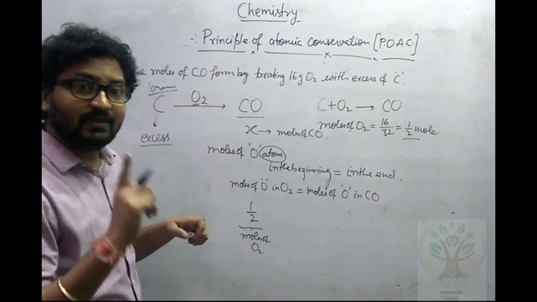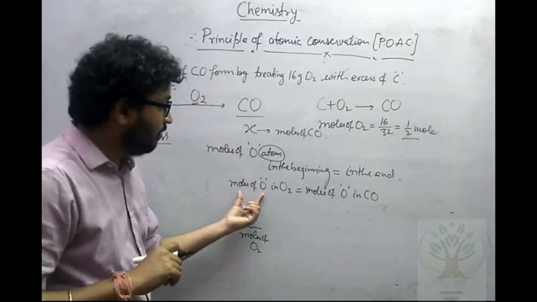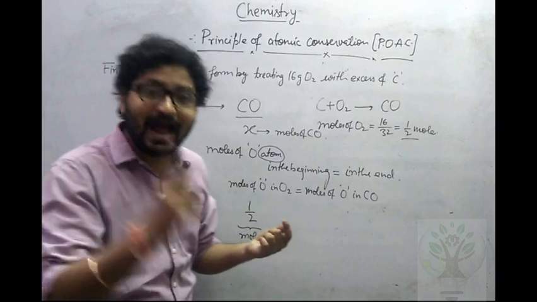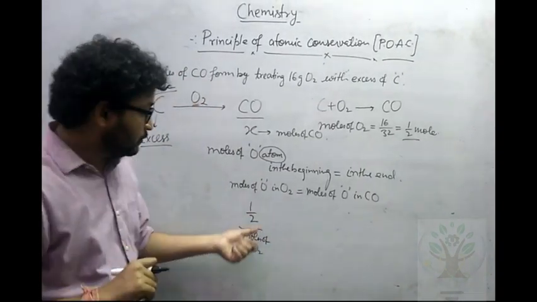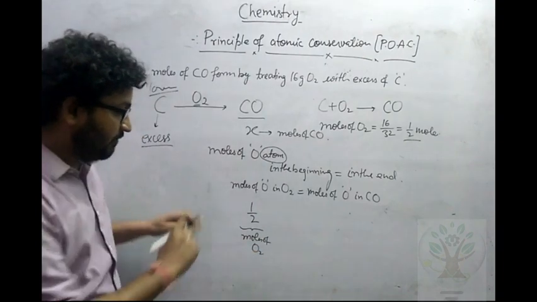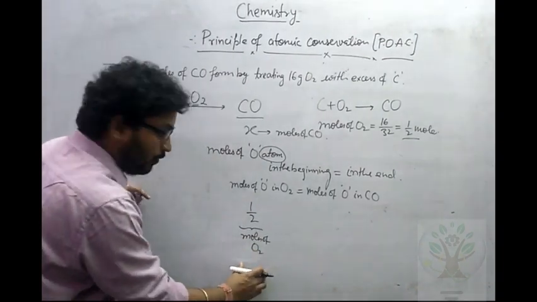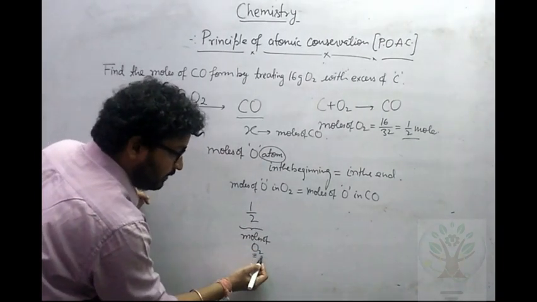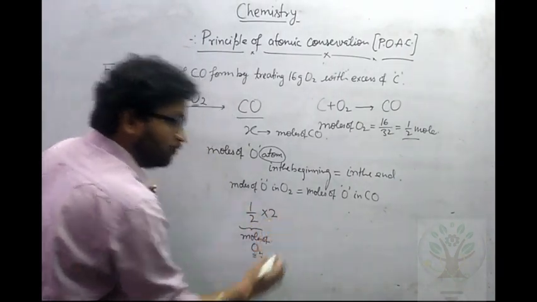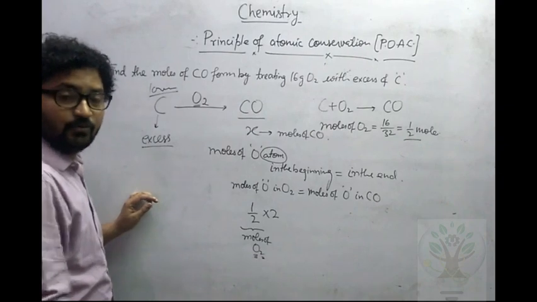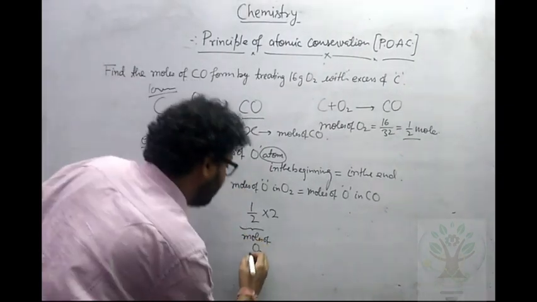Remember, I am not conserving moles of O2. I am conserving moles of O, means I am conserving atoms. I am not conserving this molecule. So moles of O here: if I want to find moles of O, each O2 contains how many O? Each O2 contains 2 O. So if I multiply this thing by 2, as we did in the previous example, so it will give me what?